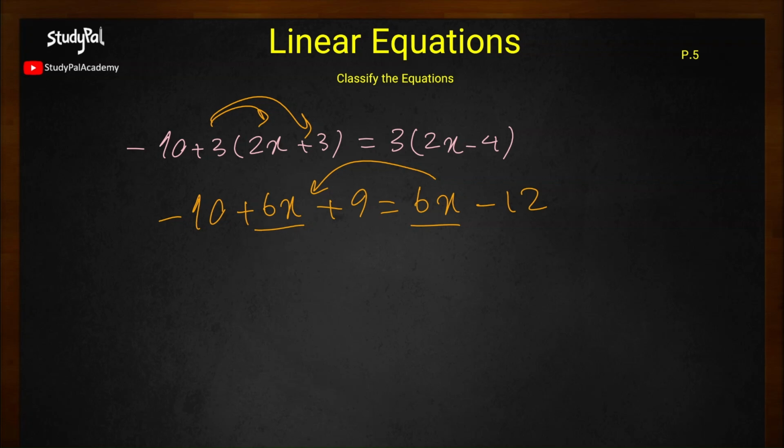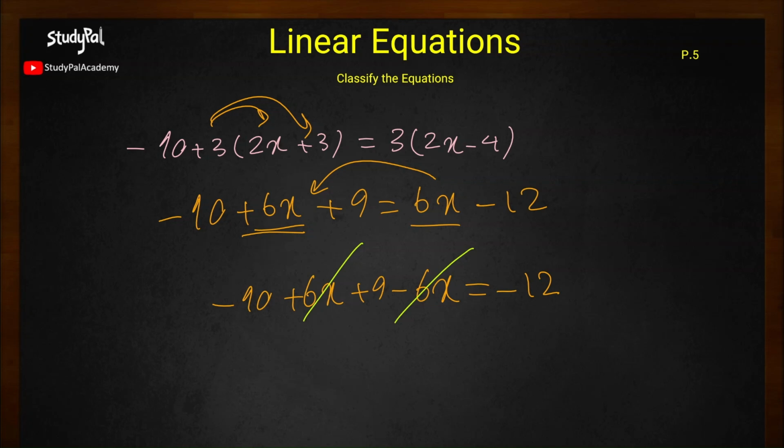On the right-hand side, I have minus 10 plus 6x already here, plus 9. Another 6x goes to the left-hand side, becomes minus 6x. And on the right-hand side, I have minus 12. But as we can see, these two go away because 6x minus 6x is 0.